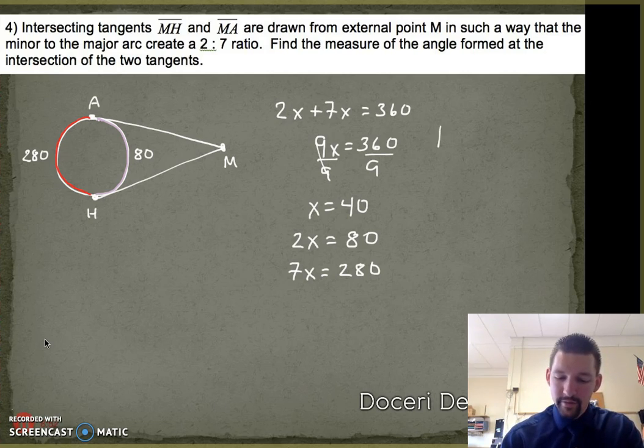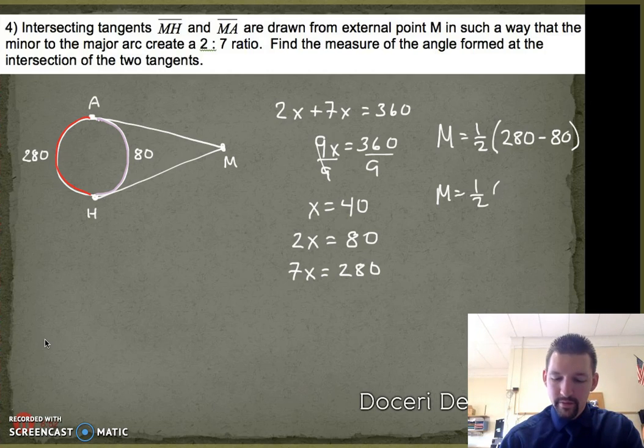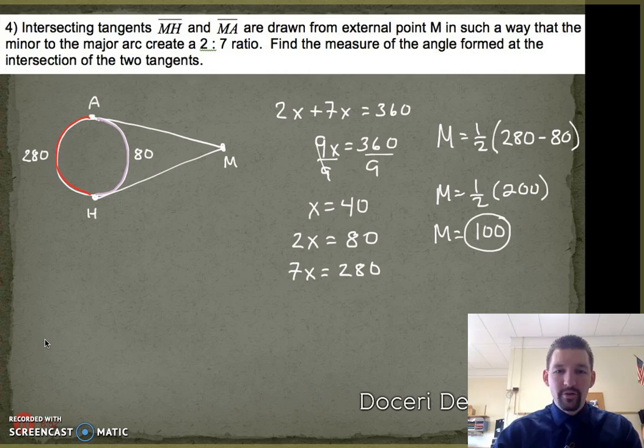So our angle is going to equal 1/2 the big arc minus the small arc. And when you finish computing that, you should end up with an angle measure of 100 degrees. So my picture wasn't 100% accurate, but this angle is 100 degrees.